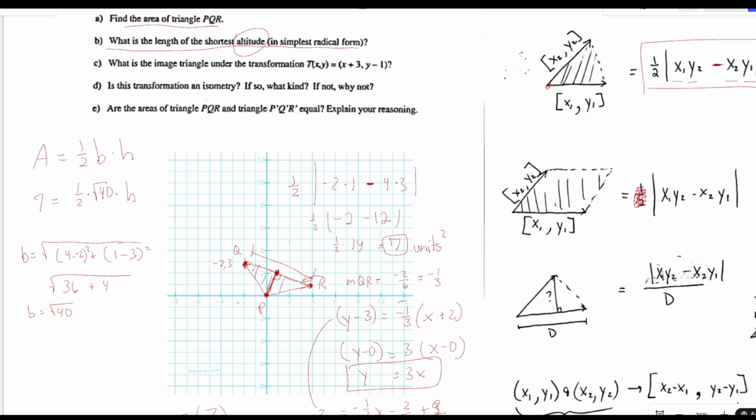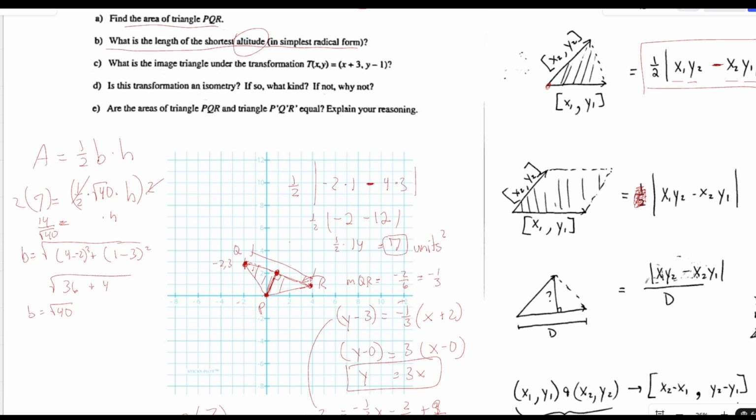So first step would be to maybe multiply by 2 both sides to get rid of that 1/2. I've got 14 equals root 40 times h. And the next step is to divide by root 40. And let me punch that in my calculator just to see if it makes sense, because 14 over root 40, I can't tell.